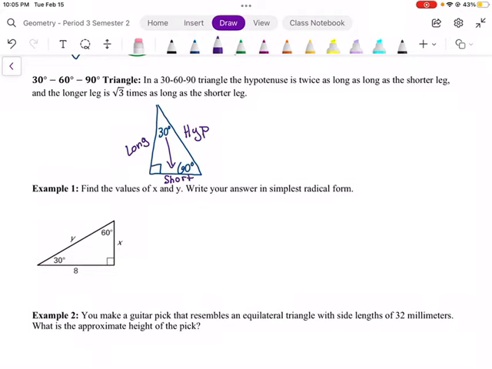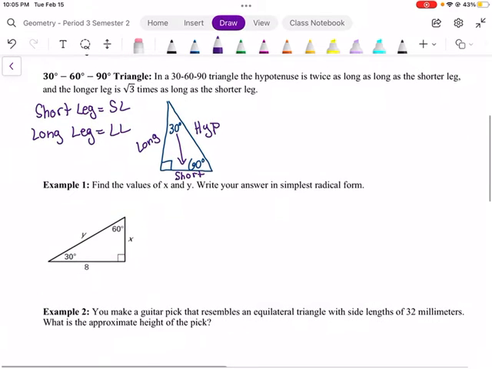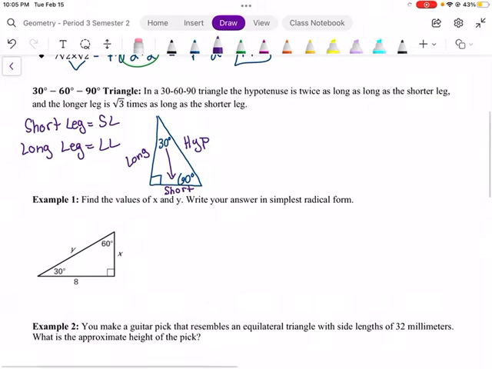So to abbreviate these, we're going to use SL for short leg, LL for long leg, and HYP for hypotenuse, which we already know. So just like the 45, 45, 90 triangle, we have a few equations that we're going to want to memorize.